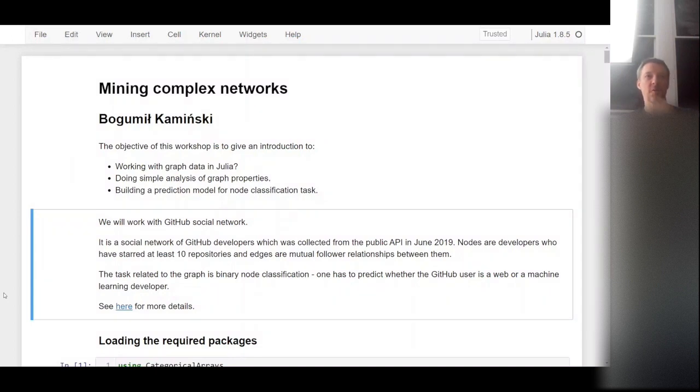So either I am a front-end developer, so I'm doing web, I don't know, JavaScript, HTML, this kind of things, or I am a machine learning developer, so, you know, working with Julia, TensorFlow, or whatever language for doing advanced analytics. And our challenge will be the following: can we predict, if I give you some developer from this graph, I do not disclose to you what type this developer is, but you can query me who are the friends of this developer.